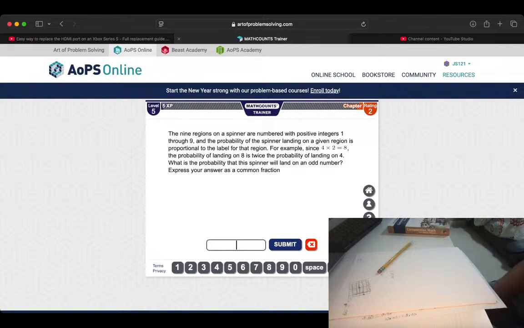Okay, I see what's going on. The 9 regions of a spinner are numbered with positive integers 1 through 9.